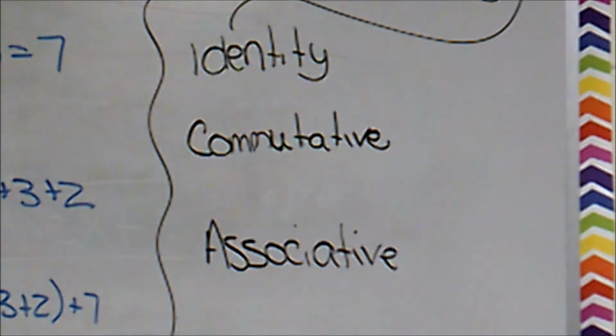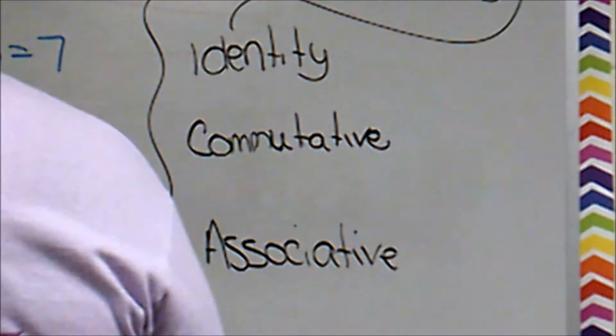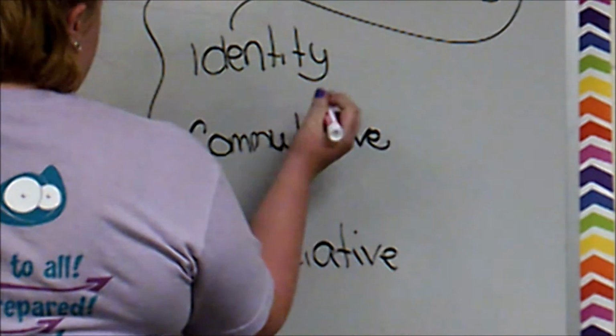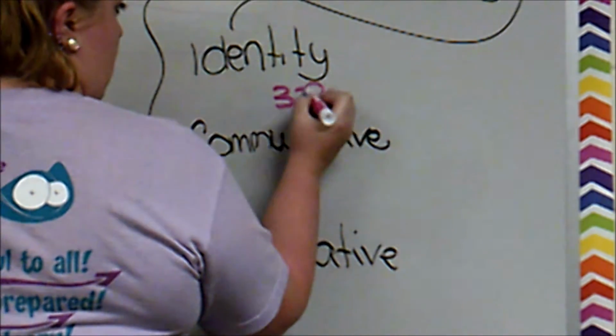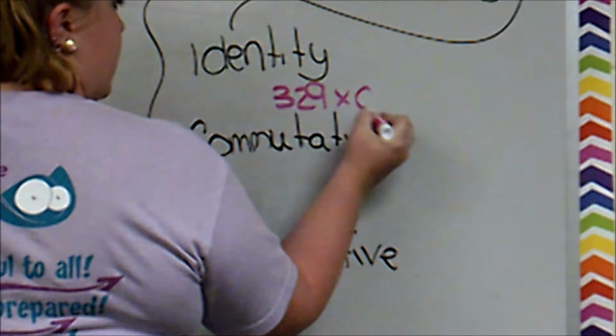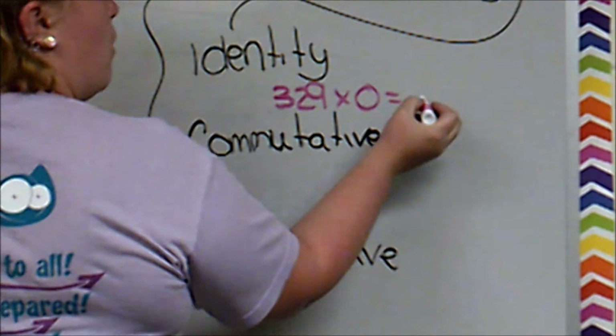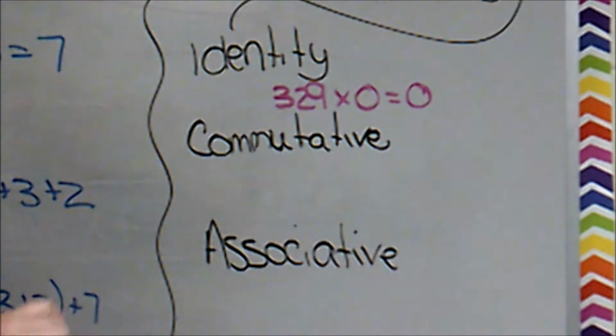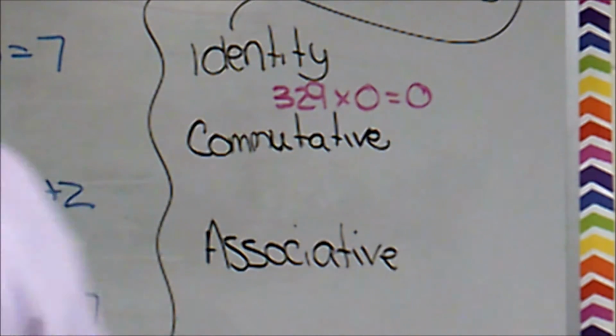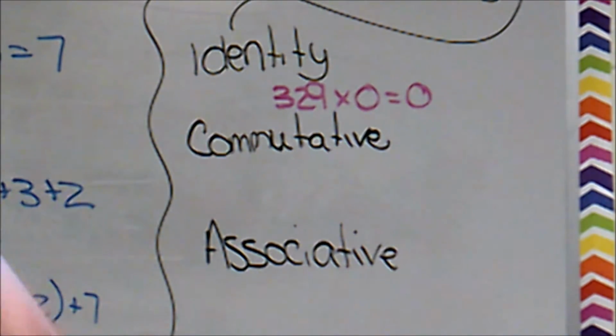Pretty basic, but that's the law. That's the rule of the land. So any number times 0, or the product of 0, or multiplied by 0, will give you a product of 0 every single time. It doesn't matter if it's a 1-digit number, a 2-digit number, a 75-digit number, they will all give you the product of 0.